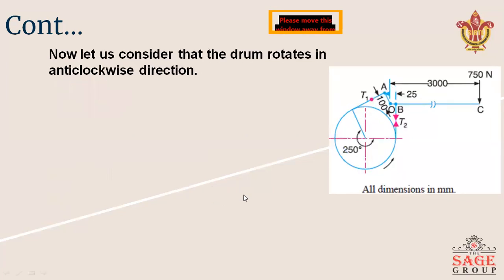And now consider the anti-clockwise direction. Similarly, we have to solve again using all the equations: T1 upon T2 equals e raised to power mu theta, TB equals T1 minus T2 into R, and also the moment equation. So we start from T1 upon T2 equals e raised to power mu theta, that means T1 upon T2 equals 2.98.